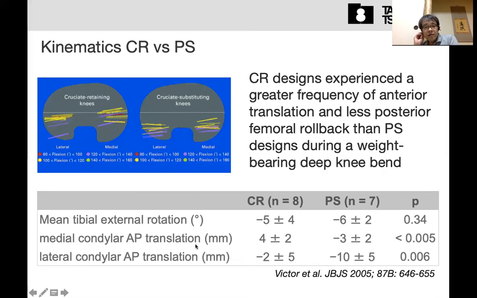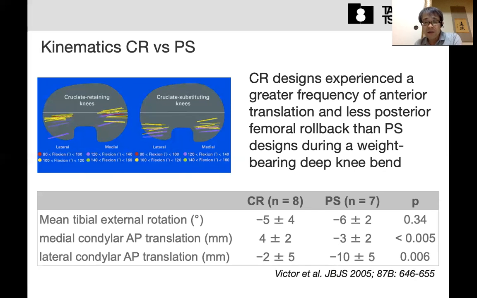In addition, for the CR the anterior translation is positive, and in contrast, the PS knee has negative anterior translation. That means the posterior shift, posterior rollback.